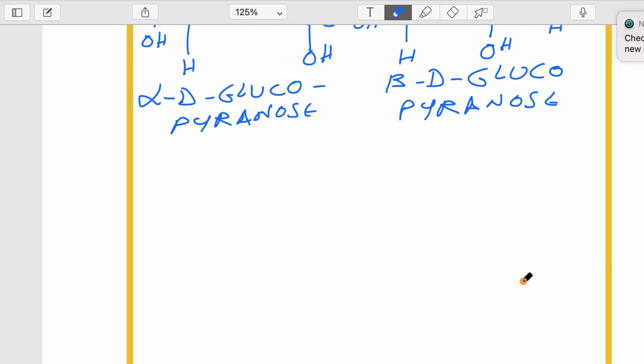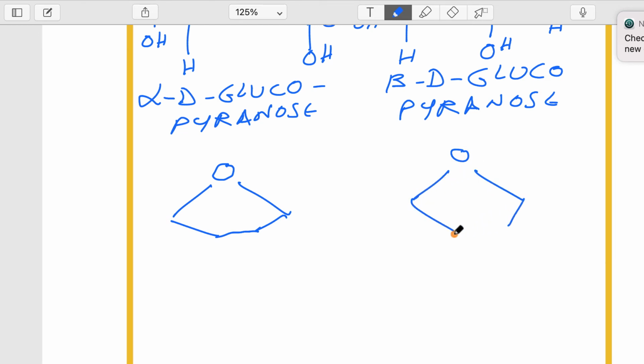I will write the furanose structure. Now again I will write this one. It is a furanose structure, because the second carbon has the ring structure.